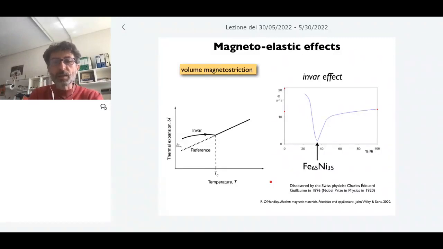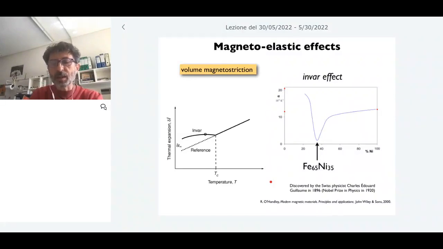If you look at the thermal expansion, which is sketched at the left, then in Invar, you find that the specific volume tends to be larger when the system is ferromagnetic, is ordered. But then, if the cell tends to be influenced by the ferromagnetic state and then tends to be larger, this is in the opposite direction with the normal thermal expansion of materials. So it can possibly compensate.